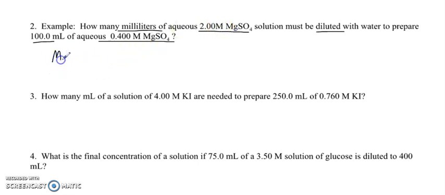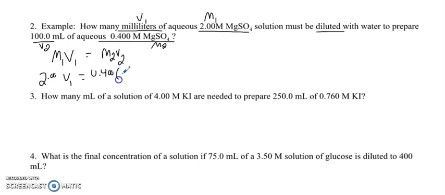So we've got M1 V1 equals M2 V2. This is going to be my molarity 1. This is going to be my molarity 2. This is my V2. And then this is my V1. So M1 is 2.00 times V1. We're looking for that. M2 is 0.400 times V2.